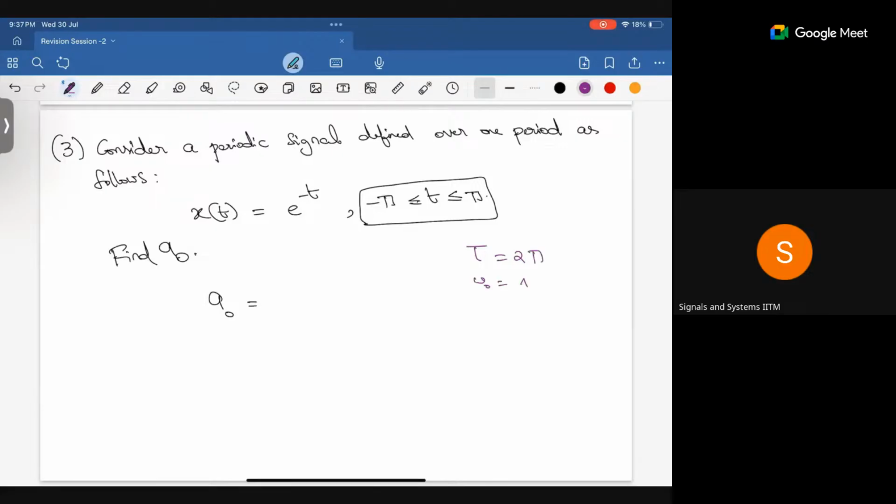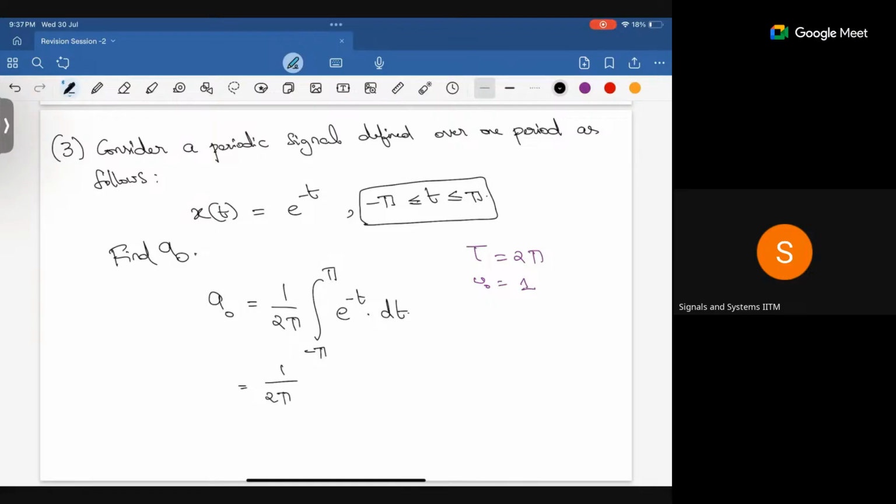So omega naught will be 1. Before you compute the Fourier series coefficients, you write down this time period as well as omega naught, the fundamental frequency. So once we have that, this will be 1 by 2 pi integral minus pi to pi e power minus t dt. Right? So it's just the average value over a period.